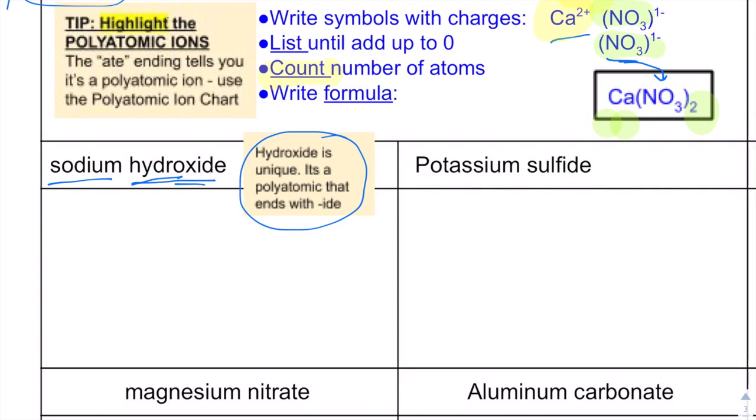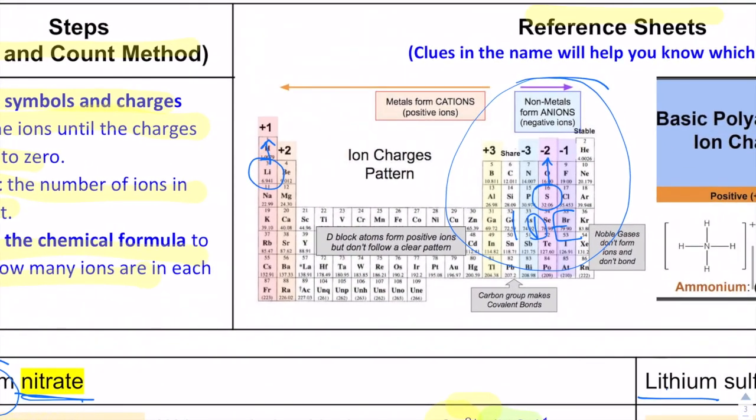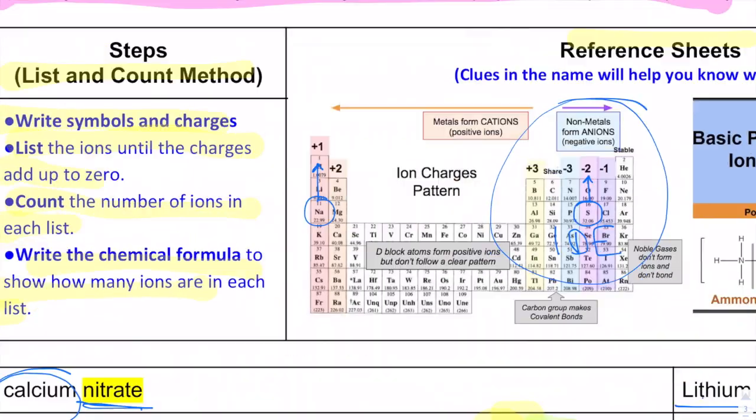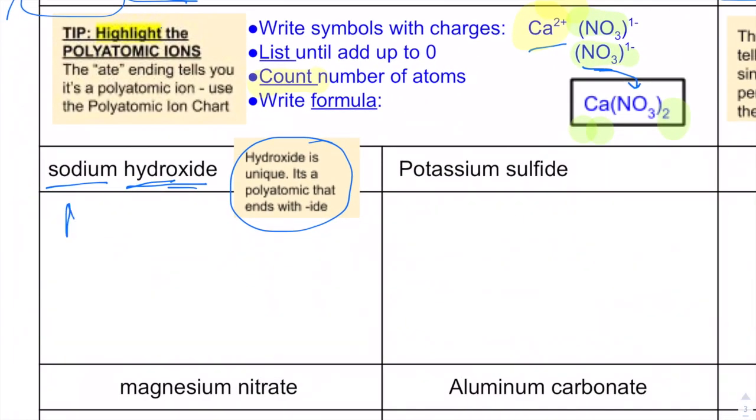So then I list and count. So sodium, I'm going to find it on the left side of the periodic table, the left of the step line. Looking at it, Na is here. So it's a +1. And I'm going to write that like that.